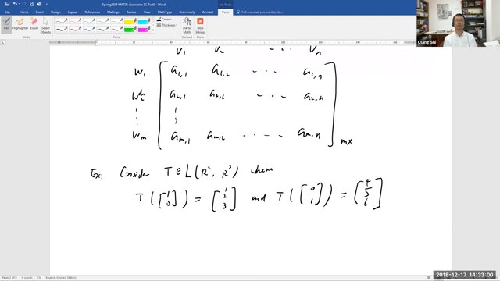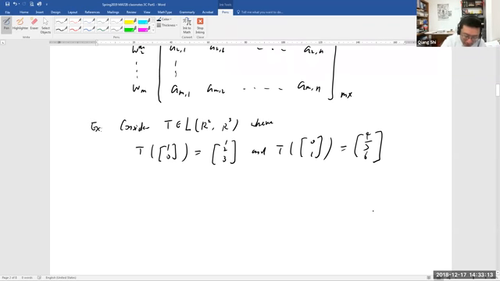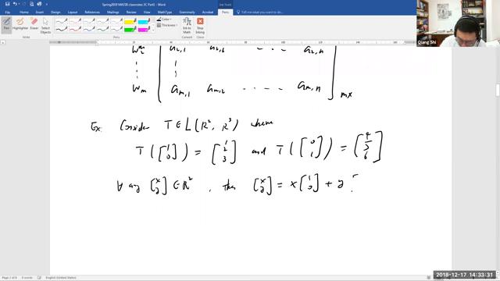So is that information enough to help us figure out how this linear map T acts on any vector in R2? If you have any (x, y), a general vector in R2, then what's going to happen? The idea is that you can write this (x, y) as a linear combination of your bases.